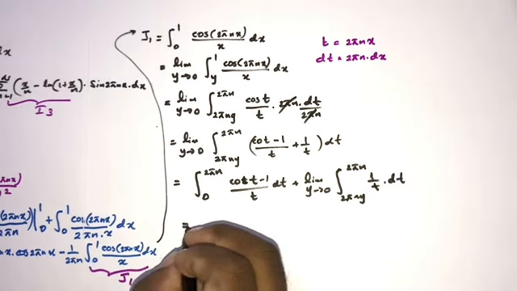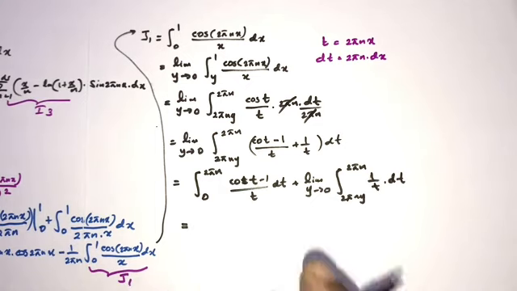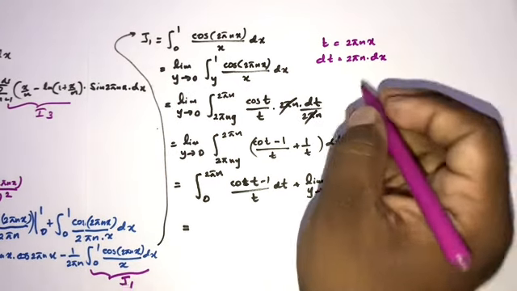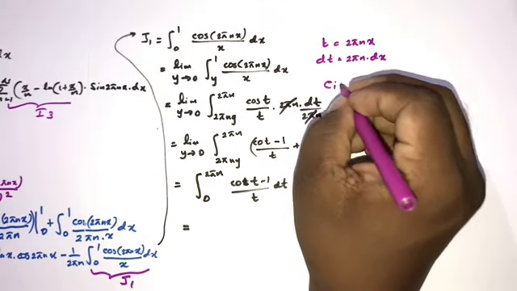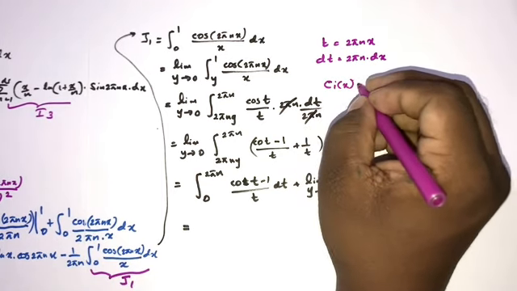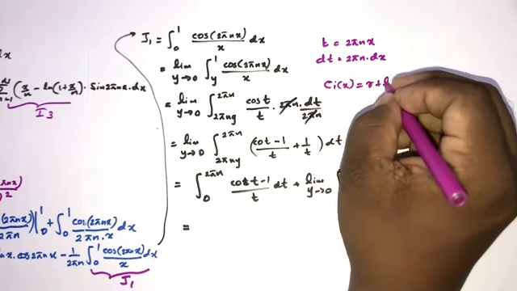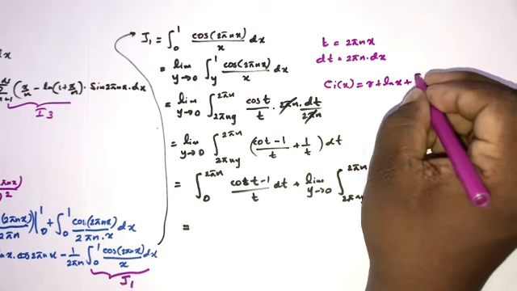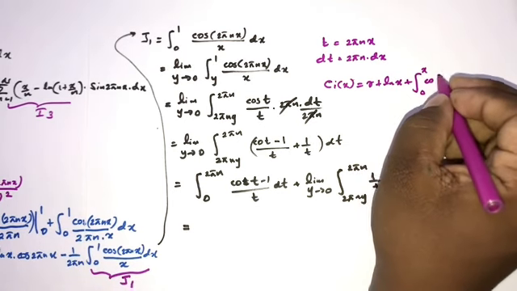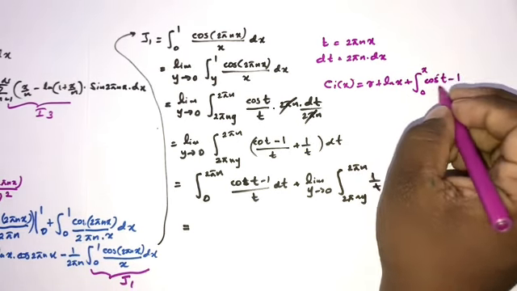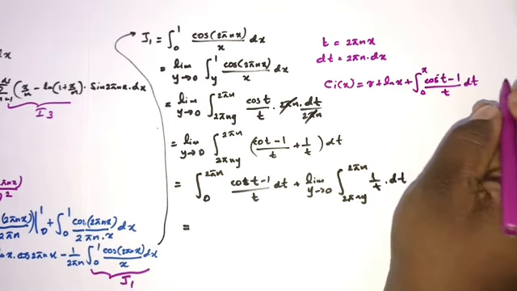Now we know this is the cosine integral function. Ci of x, the cosine integral function, is equal to gamma plus natural log of x plus the integral from 0 to x of cosine of t minus 1 over t dt.